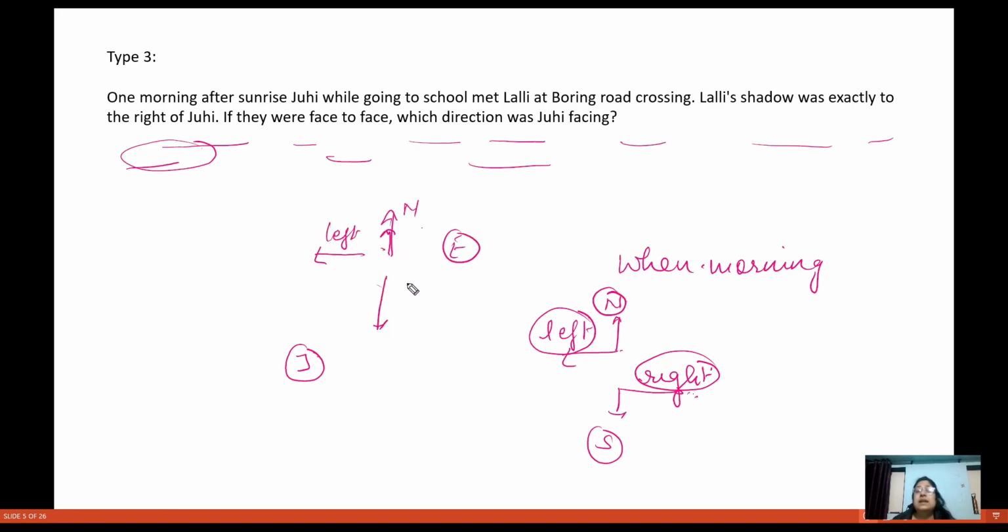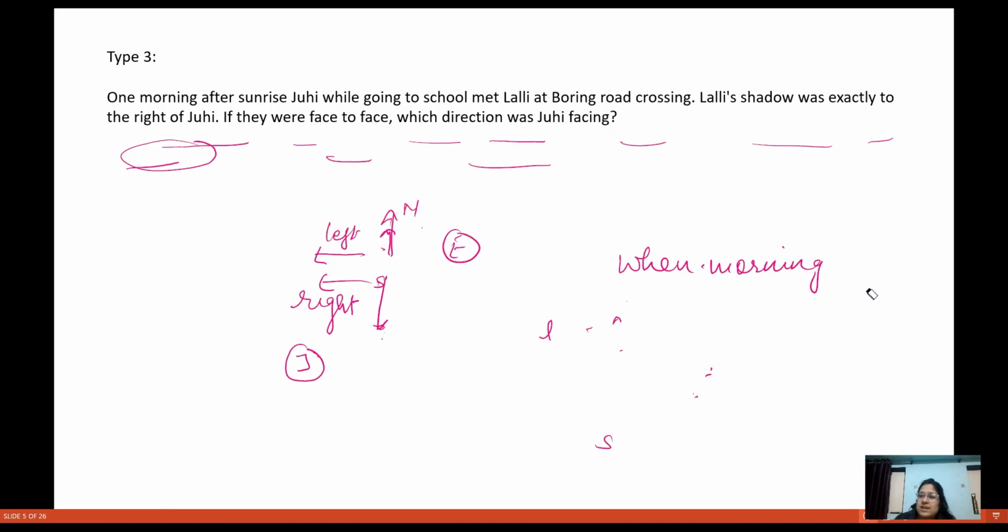And if you are facing this side, then your shadow will be towards your right. So the shadow will always be in the west direction in the morning.